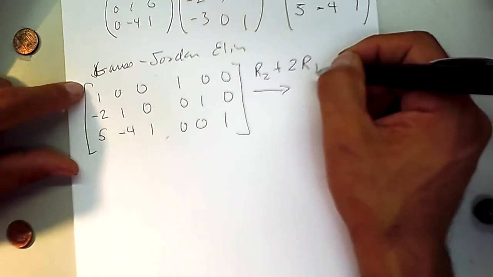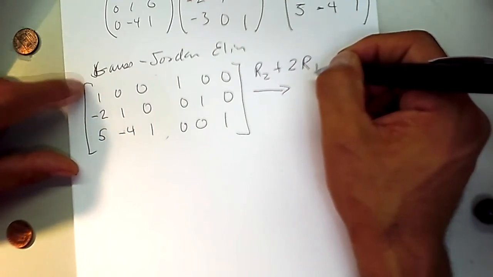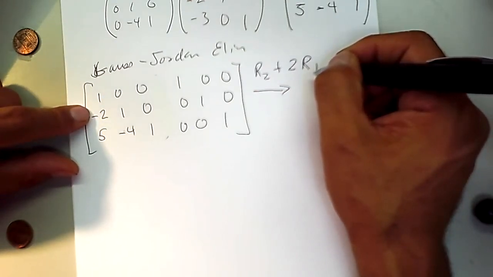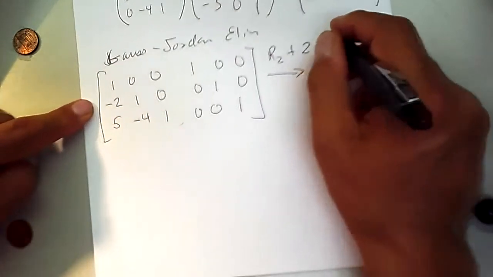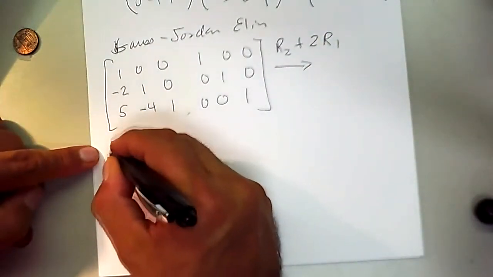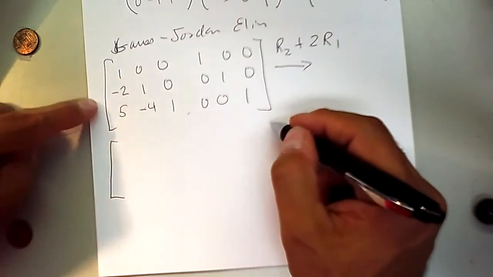This guy, add two of those, and that puts a 0 in here, because our goal is to get an identity matrix here. So we're going to get a new matrix.